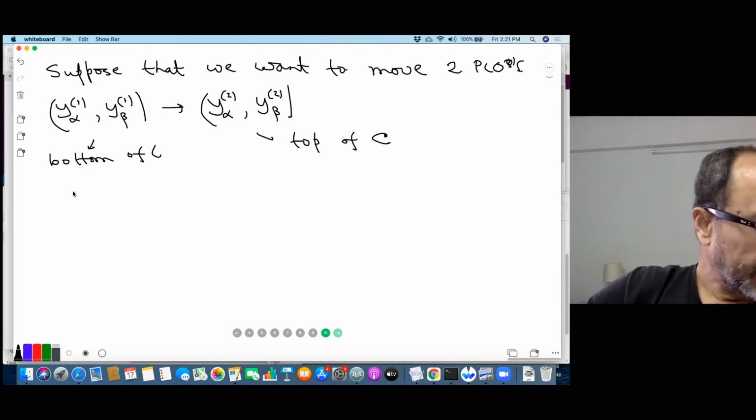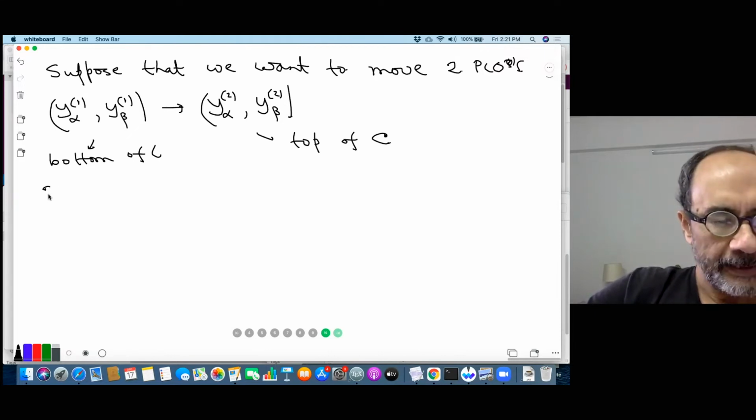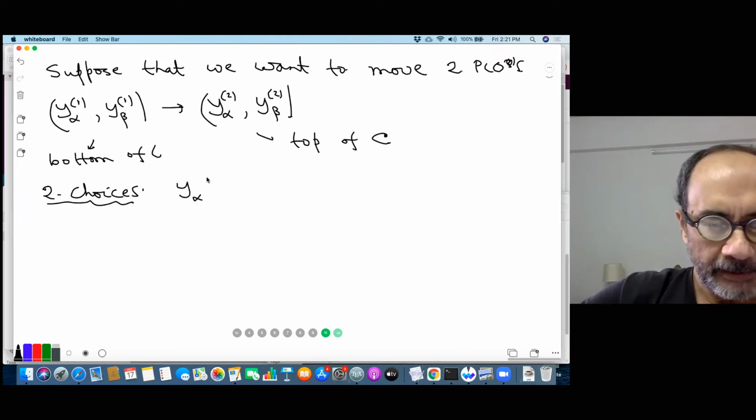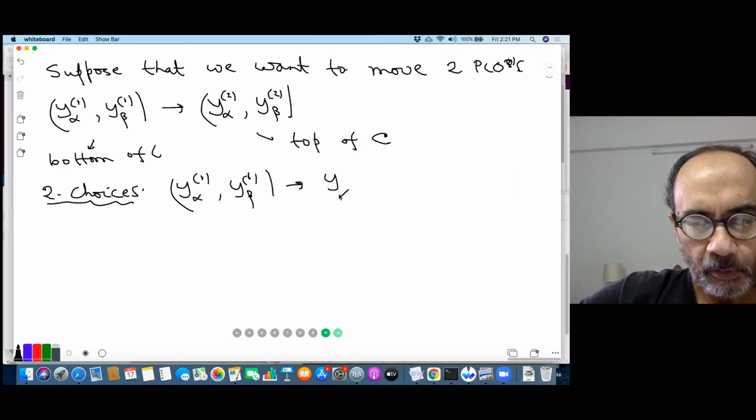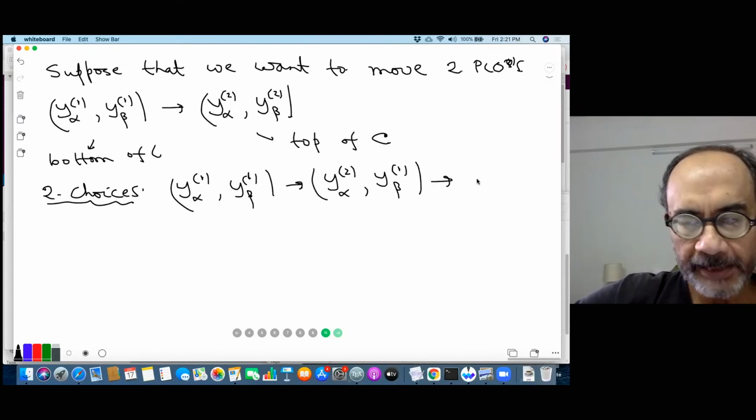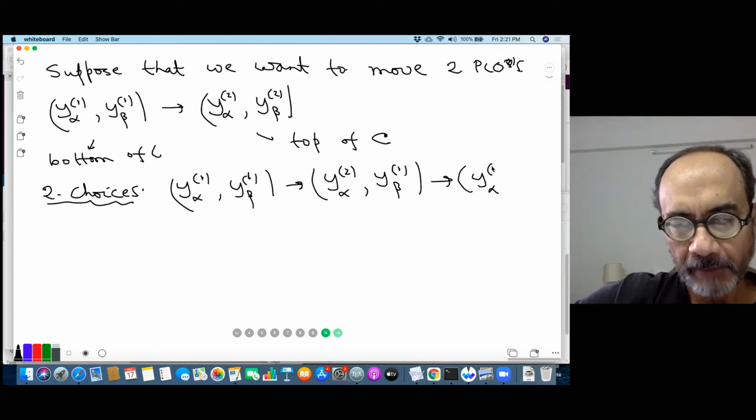So we have two choices. We can move first y alpha 1. So y alpha 1, y beta 1, we could first take it to y alpha 2, y beta 1, and then from there to y alpha 2, y beta 2.